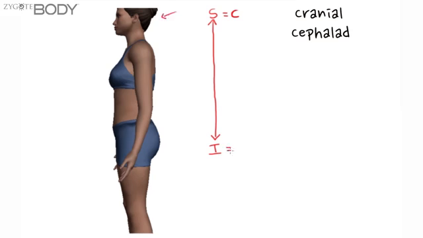For inferior, you have caudal or caudad, from the word tail. And if you know well the tailbone, or the coccyx, found in humans, then anything towards that area is called caudal. Say if you compare the ear to the shoulder, you can say that the ear is located cranially to the shoulder, and the shoulder is located caudally to the ear.